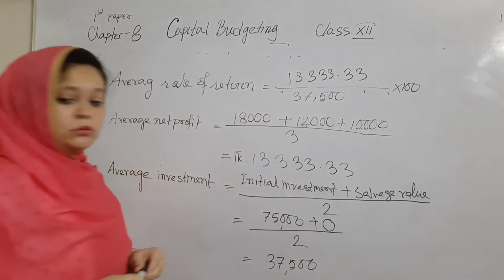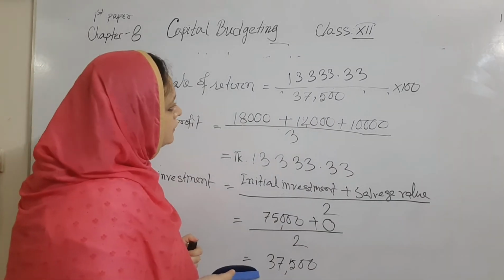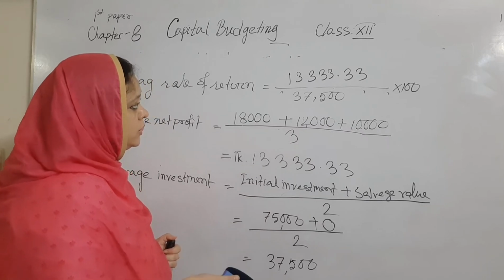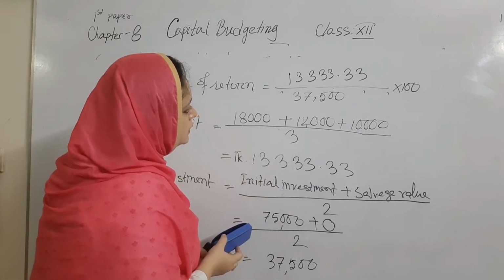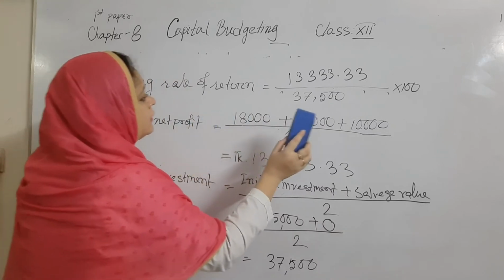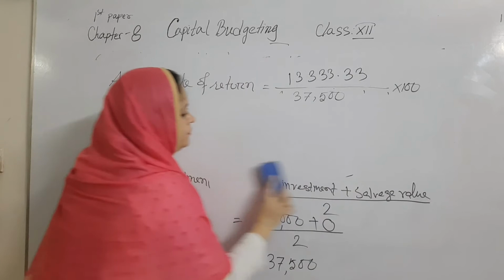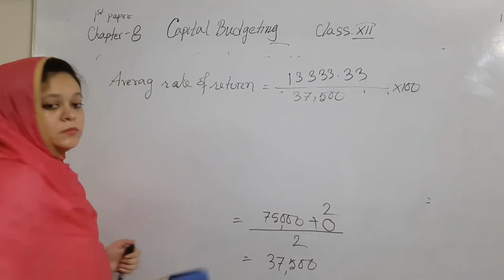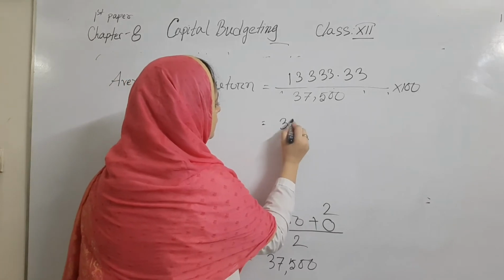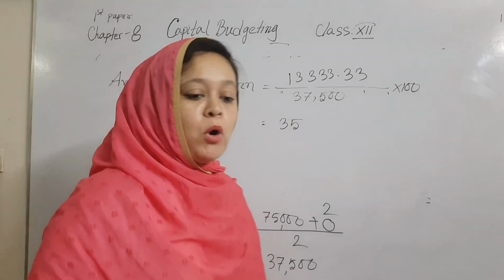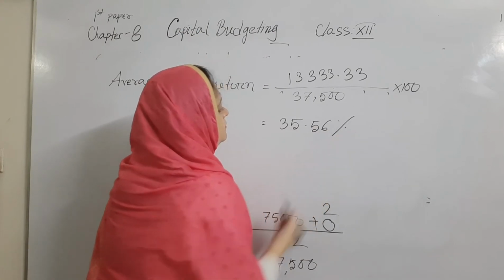So we have to divide 13,333.33 by 37,500 taka, and the result is 35.56%.